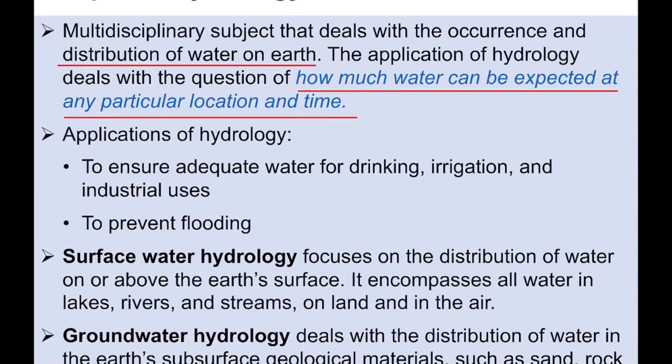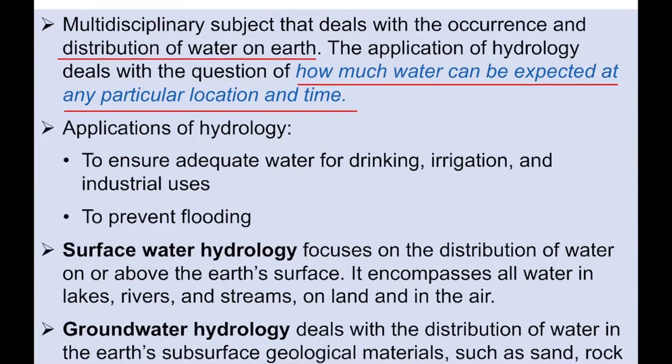We know that humans, and all animals, have to rely on water to sustain ourselves, right? So we want to know the distribution of the water at a certain time and location. It can help with setting up water treatment facilities and distributing the water into households.